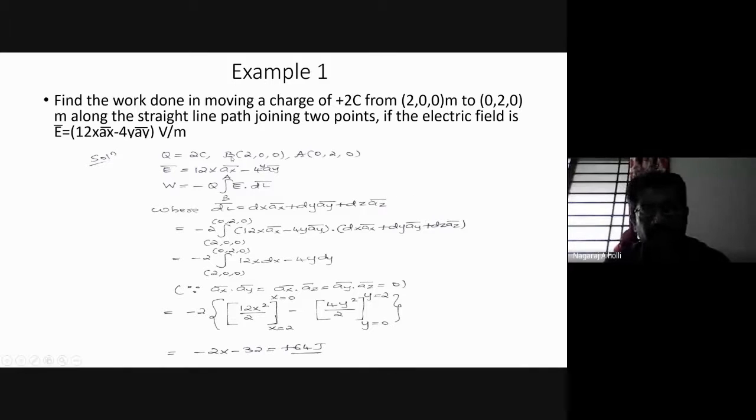Have you noted down these steps? Have you all noted down up till here? Try to solve on your own. Don't look at the final answer. Try to solve on your own, at least the last step, the in-between steps.